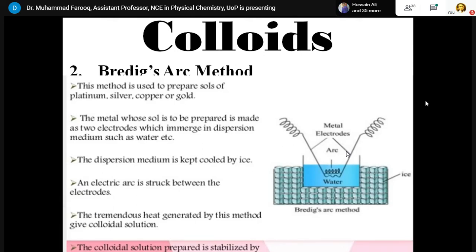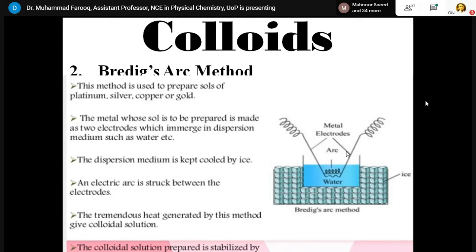For example, if you want to make a colloidal solution of some metal, such as gold, silver, or copper, first we make two electrodes of it. You can see this is one electrode, this is another electrode, metal electrodes. It is already shown in the diagram. So first we make the metal into electrodes and immerse them in a dispersion medium such as water.